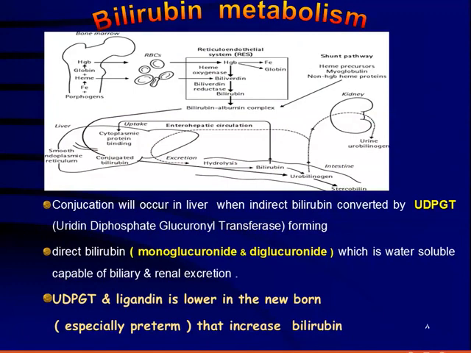Inside the hepatocyte in the liver, conjugation will occur when indirect bilirubin is converted by uridine diphosphate glucuronyl transferase. This is the enzyme. It will be converted to monoglucuronide and diglucuronide, which are water soluble, with the ability of biliary and renal excretion.